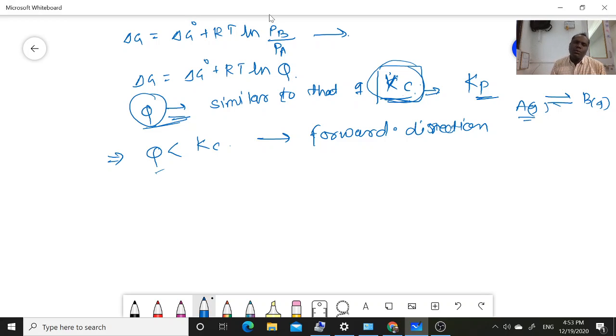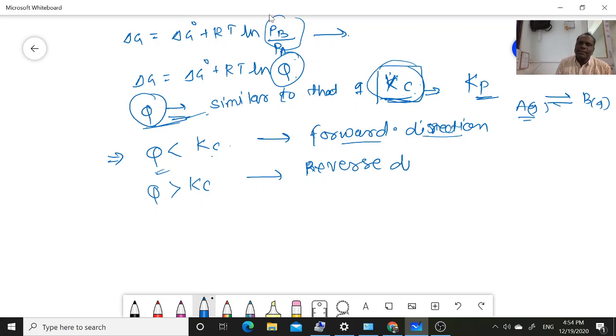This Q, the quotient factor, we have derived from this equation. If Q is less than Kc, the reaction proceeds toward the forward direction. If Q is greater than Kc, then the reaction proceeds toward the backward, reverse direction.